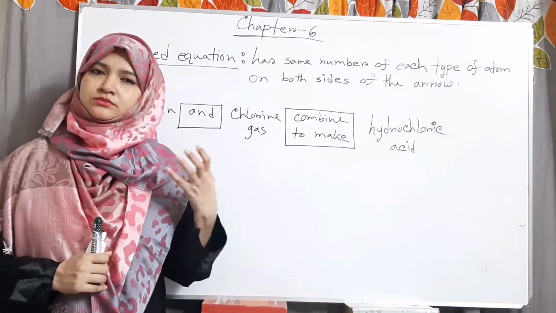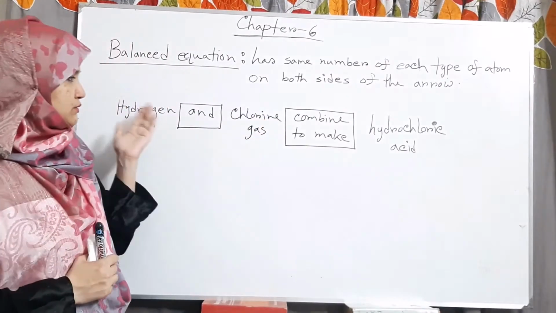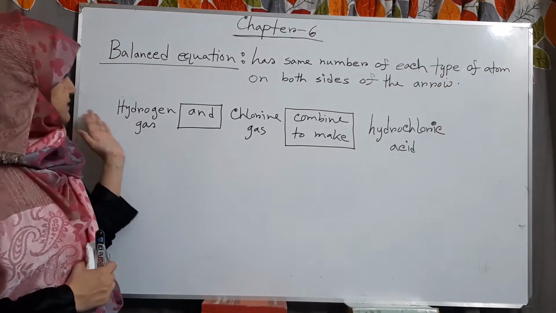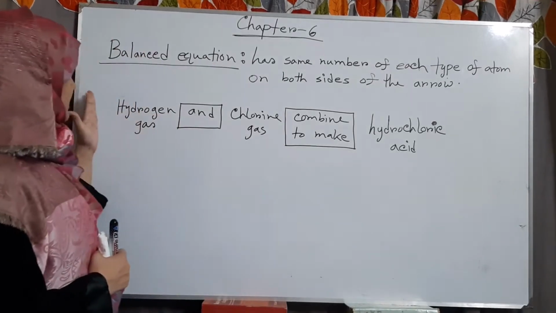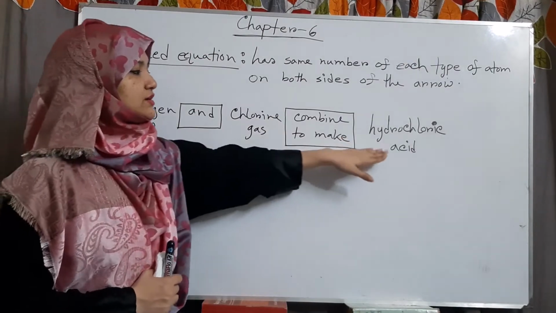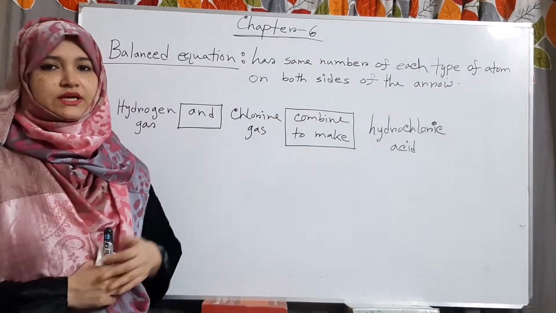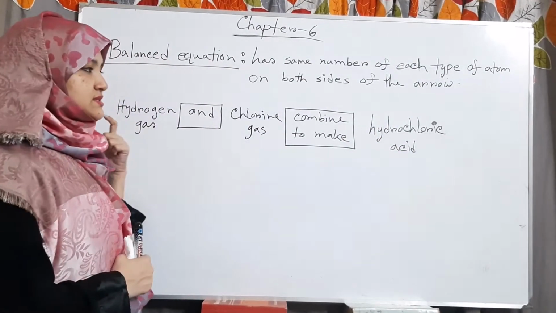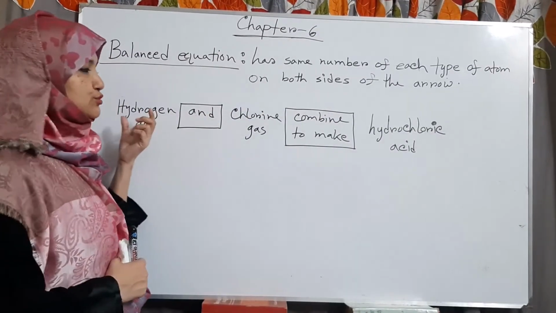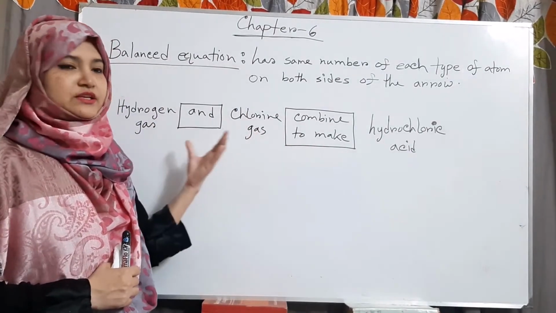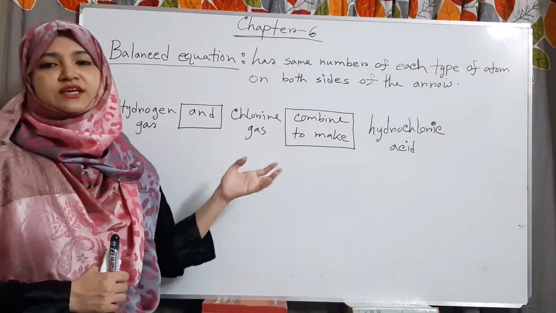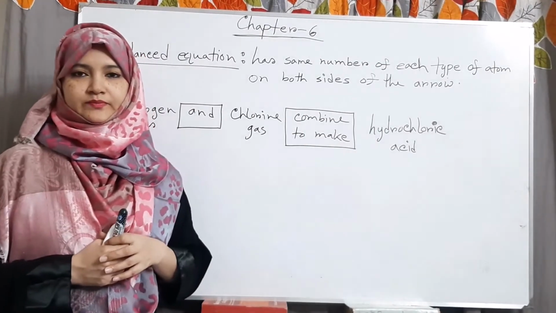Now we can start with the chemical reaction, and this is the statement: hydrogen gas and chlorine gas combine to make hydrochloric acid. This sentence tells us about a chemical change, that means a chemical reaction, and this presentation is known as word equation.